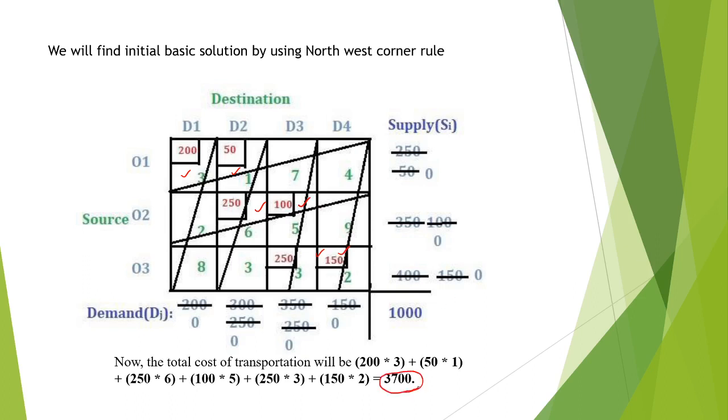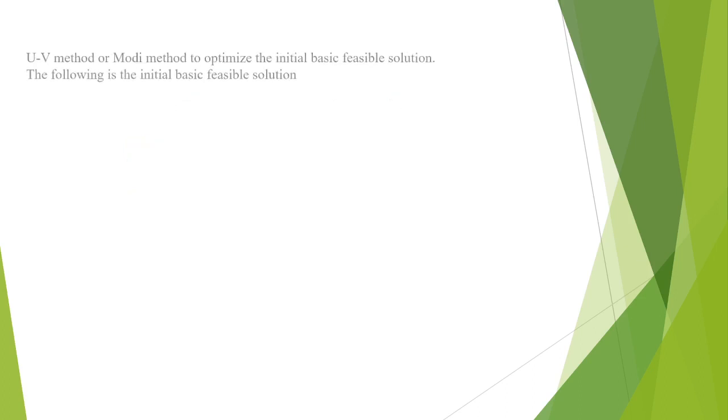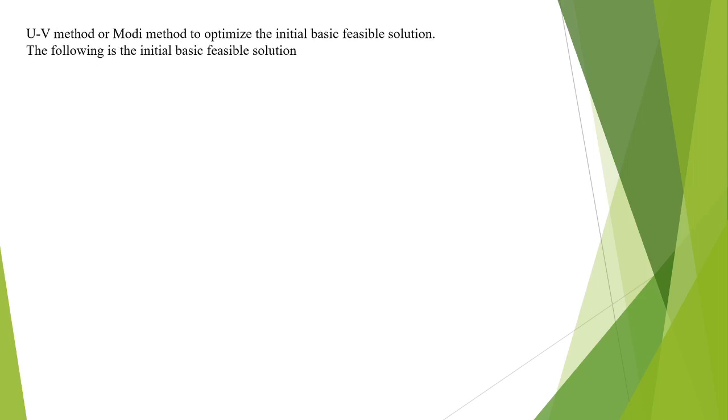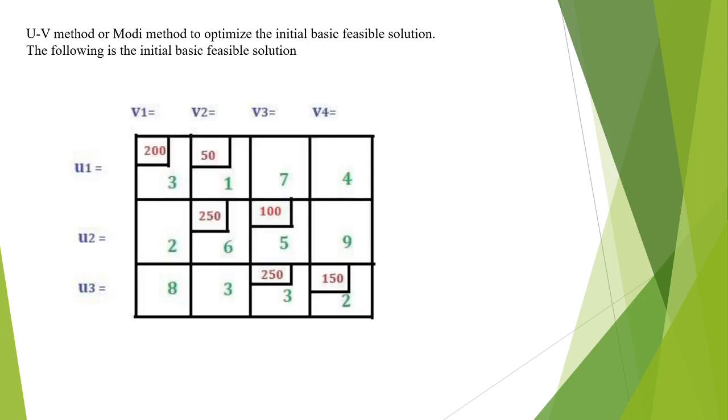The solution cost is 3700. Now we will use this solution to find the optimal solution. For that, we will use the UV method or MODI method, starting from this initial basic feasible solution.